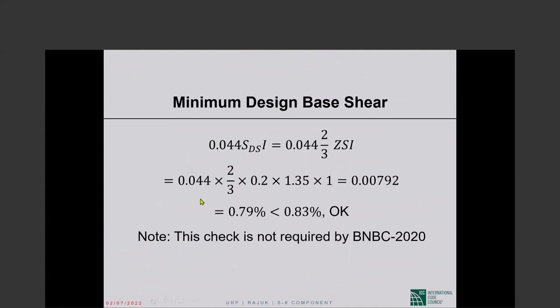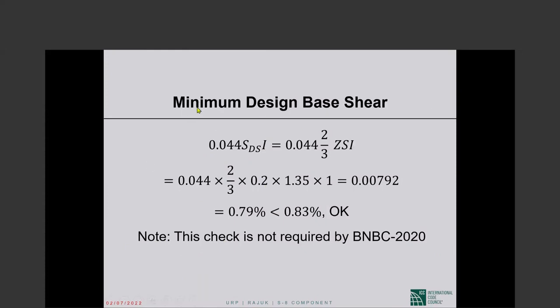Now the minimum, this check is not necessary, but we did that. The minimum, remember, in ASCE 7, 0.044 S sub DS times I. And when BNBC referenced ASCE 7-02, it said you shall keep this minimum.